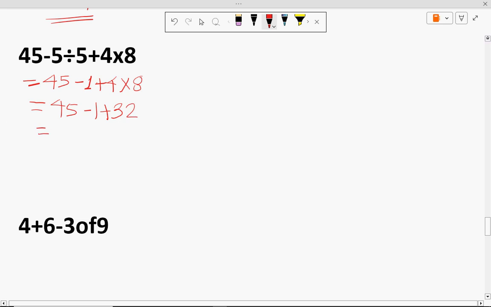Now we have addition and subtraction. Now 45 is a positive integer and 32 is a positive. So we'll add these two. And then this becomes 45 plus 32 becomes 77 minus 1. Now we'll go for the subtraction. 77 minus 1, 76. And this is the answer for this expression.